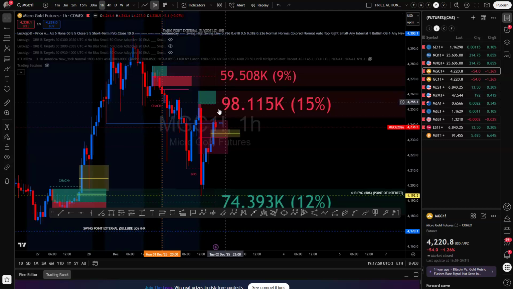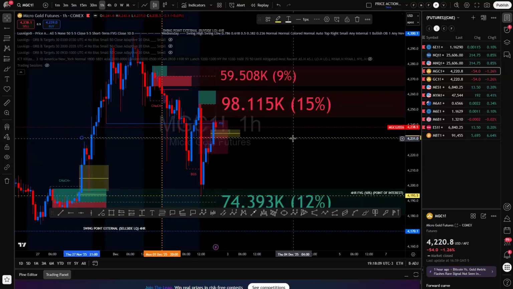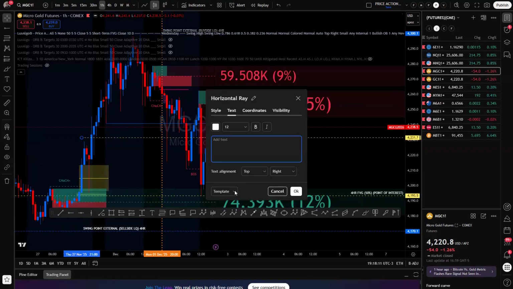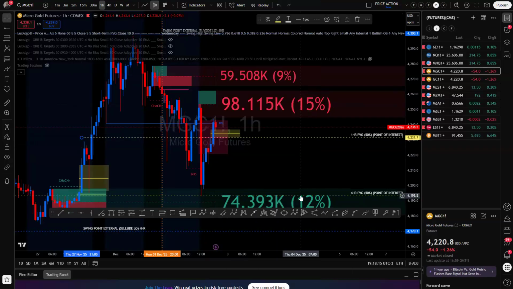Now we have an order block here. So what we can do now is mark up this 1-hour fair value gap, because this is going to be the determining factor on exactly where price is more likely to go next.